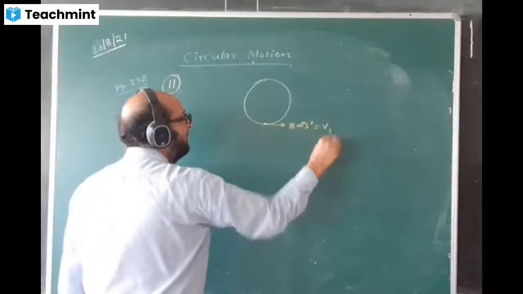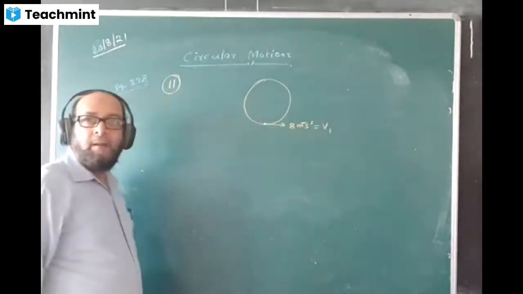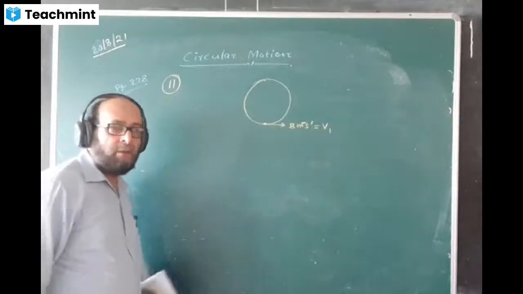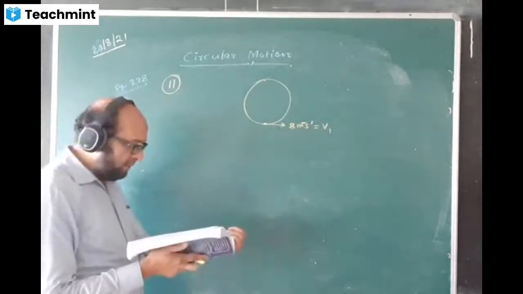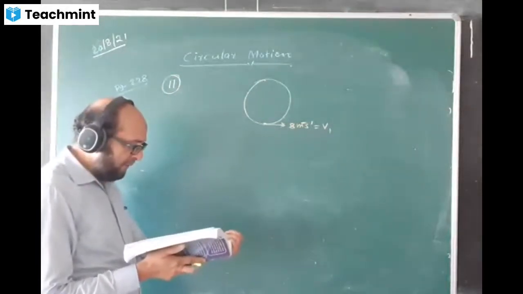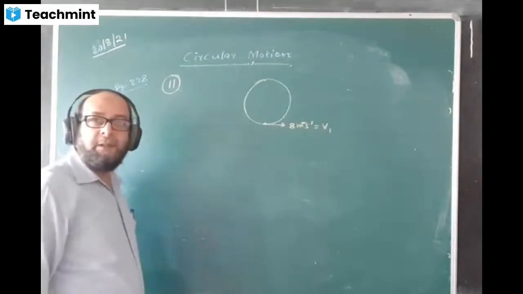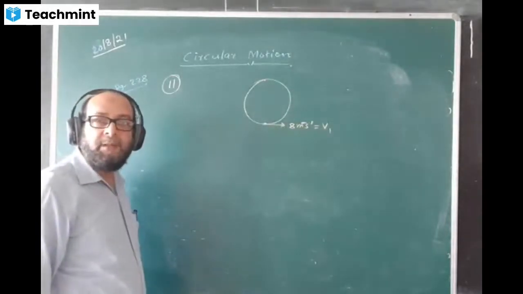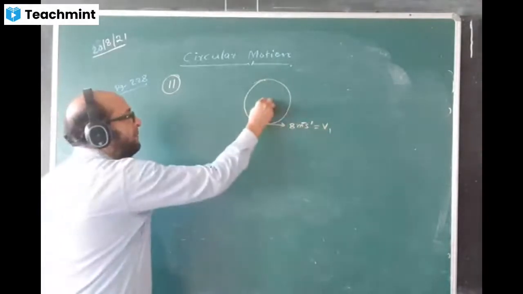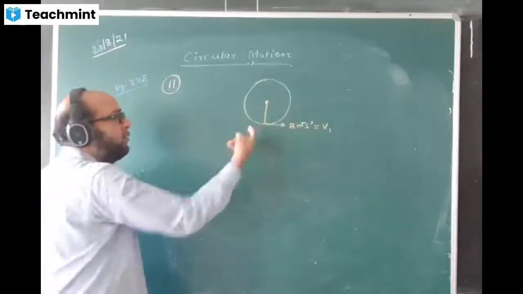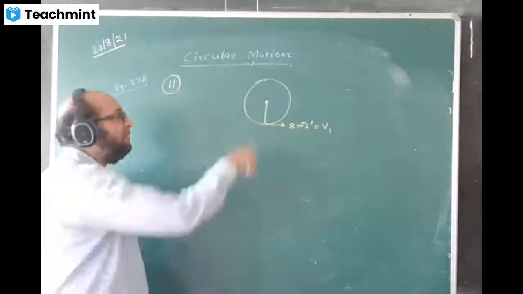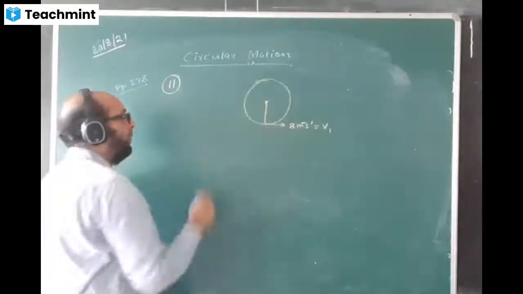I take this as V1. The mass of the body is also given, 0.5 kg. You have to find the maximum tension and the minimum tension. Do you know where we have the maximum tension? Tension will be maximum when the body is at the lowest point, and the tension will be minimum when the body is at the highest point.